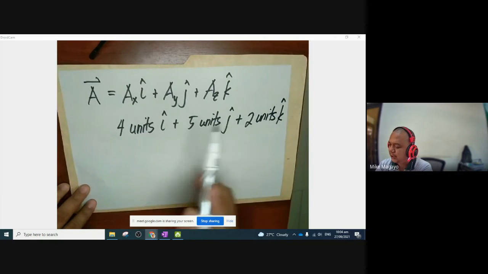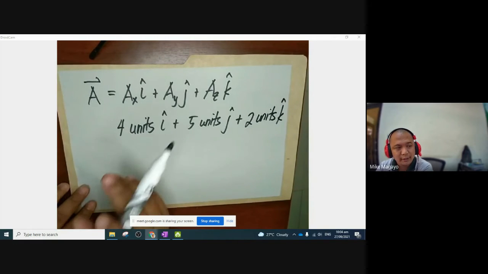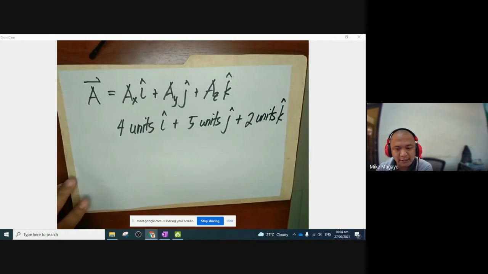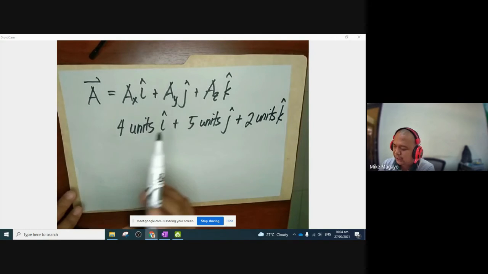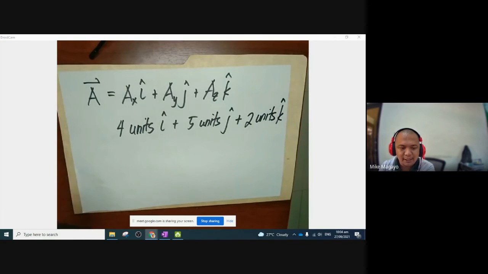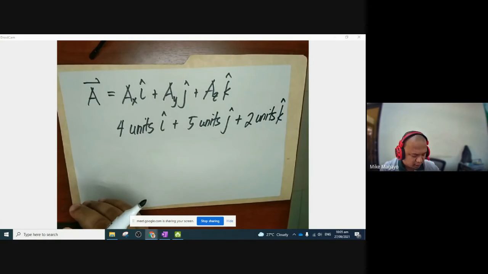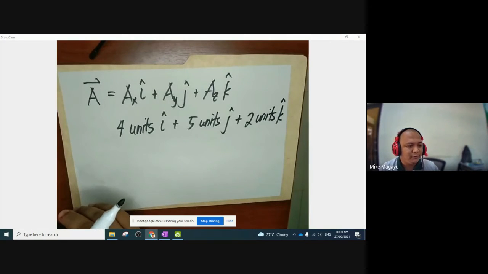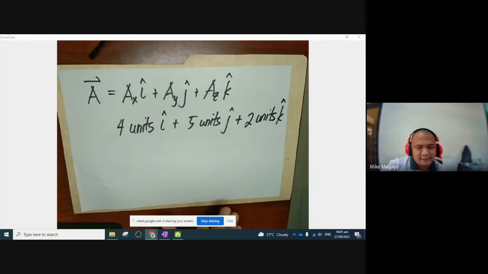As I said earlier, vectors are represented by at least two numbers. In this case, we are in 3D space, which is what we have in our ordinary lives: height, length, and width. There are other coordinate systems that you may use, but that would be for future mathematics or physics subjects.